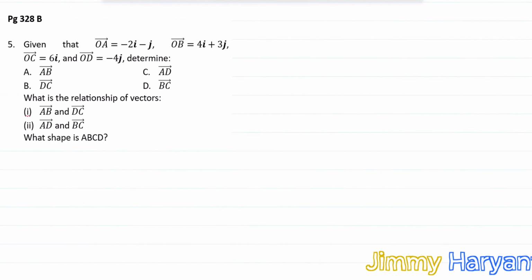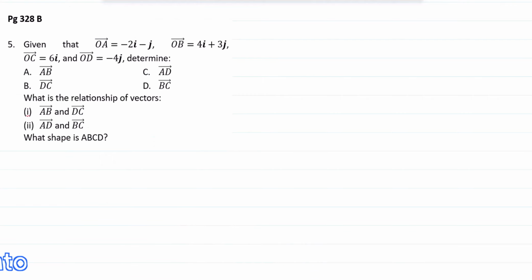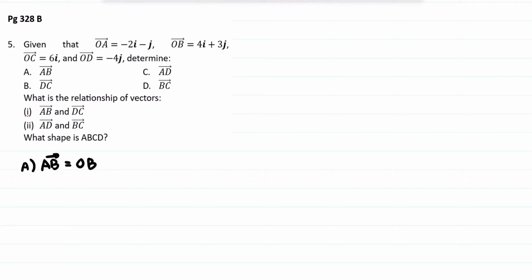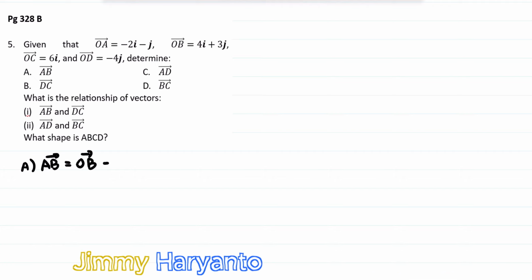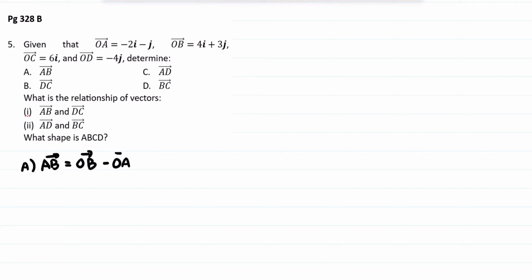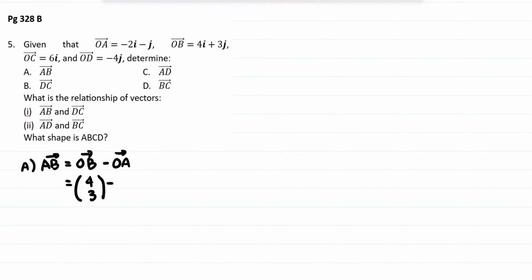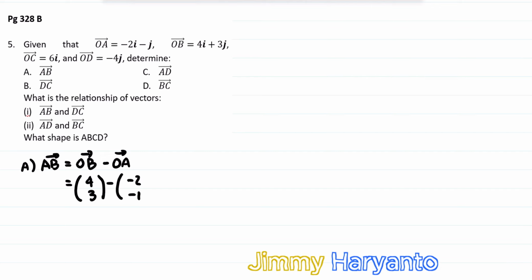Okay, next one is page 328, question B. The question already gives you OA, OB, OC, and OD. That means that is the position vector of each of the points. So part A wants you to find AB. The vector AB can be found by using this formula: OB minus OA. The OB is (4, 3). The OA is (negative 2, negative 1).